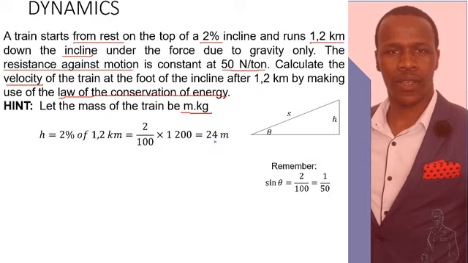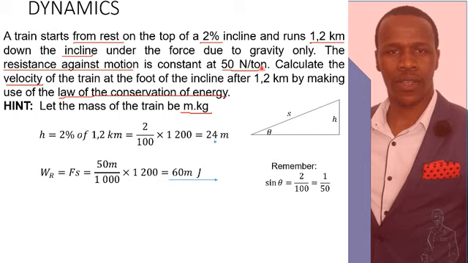So we can quickly go on and deal with that one. This is how I did it. Work done against friction will equal force, frictional force, and the frictional force will be 50 over ton.